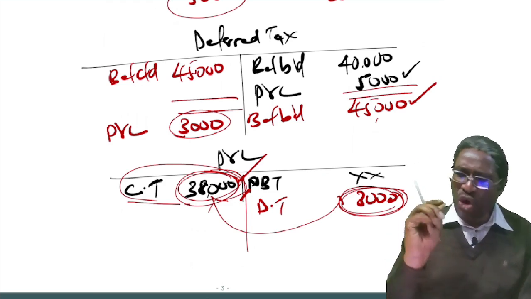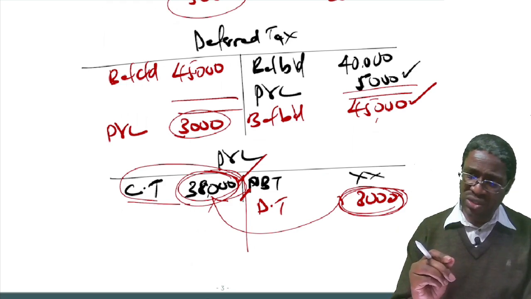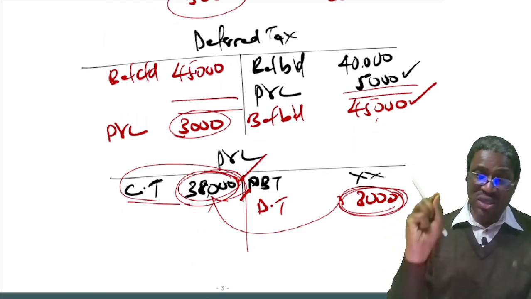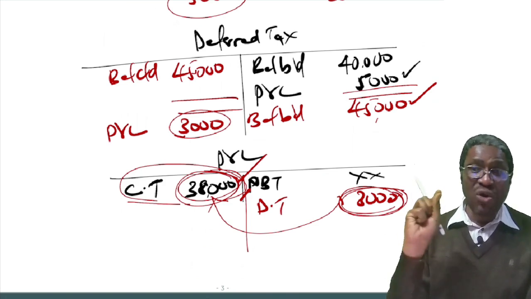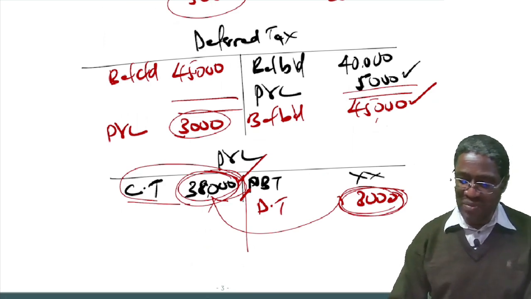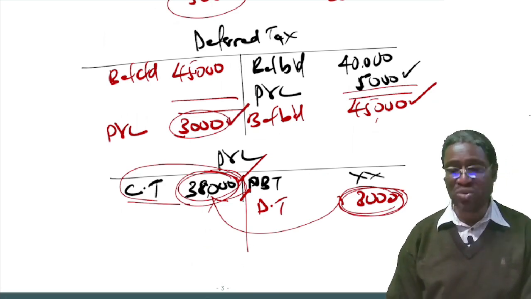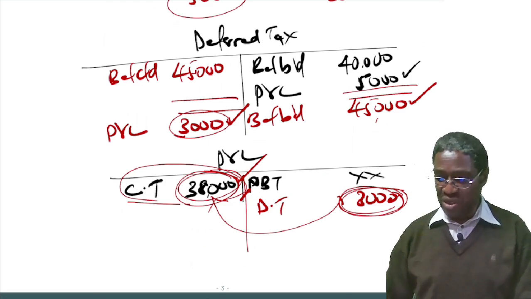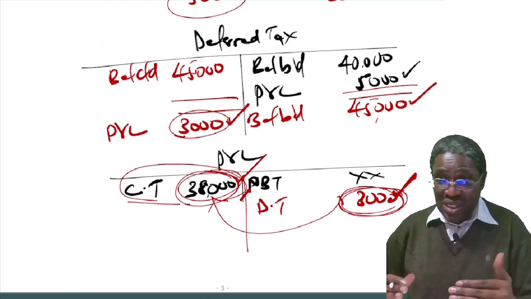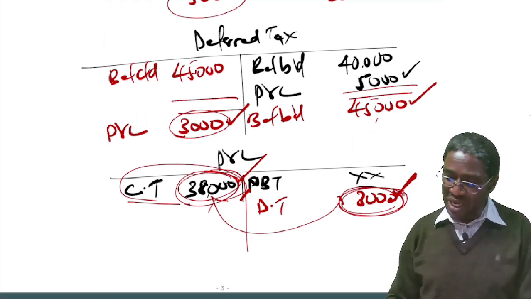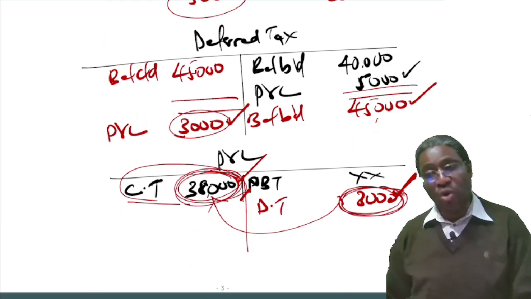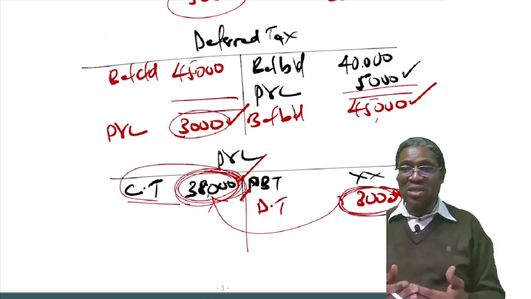So when I'm recalling 3,000, I'm recalling it from a liability. Liabilities are always a credit balance, so to recall from there, you will debit the liability account, deferred tax, and you will credit P&L. That's a double entry. From here you can see that I am crediting P&L account with 3,000, but on the debit there is 38. So automatically you are reducing the debit.